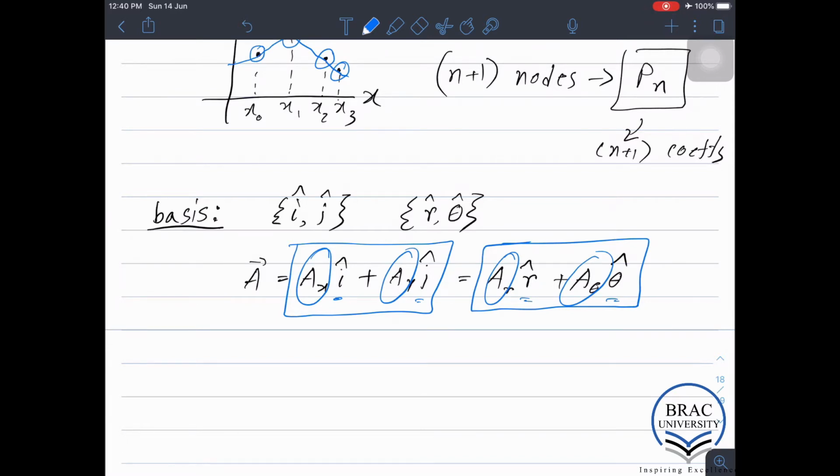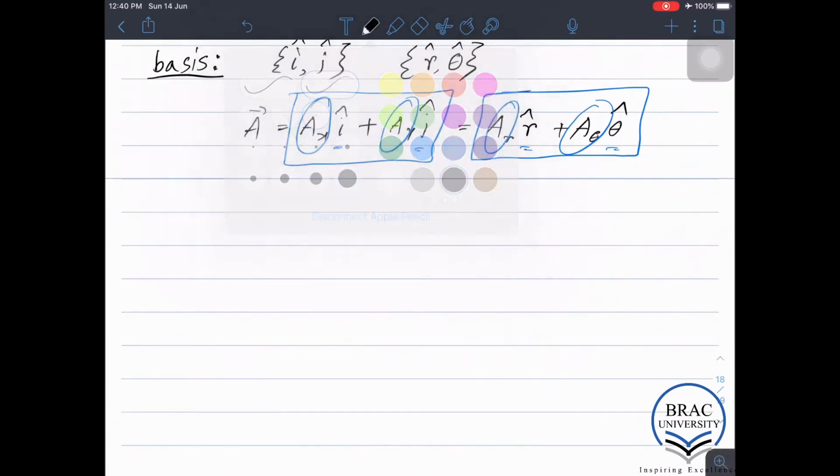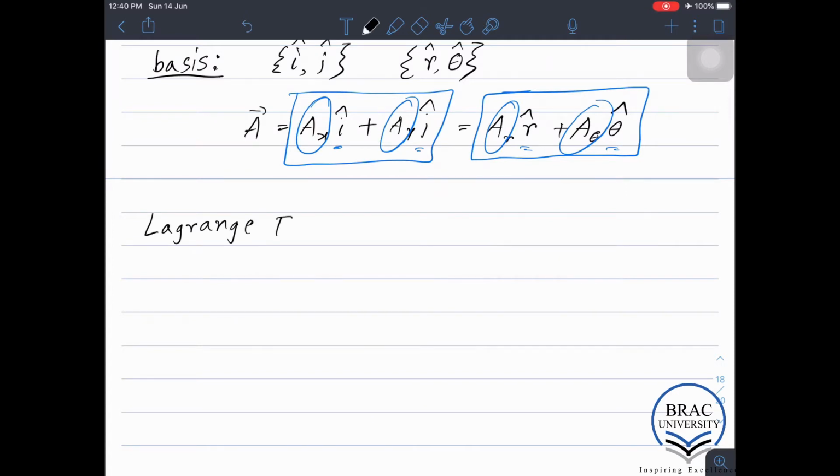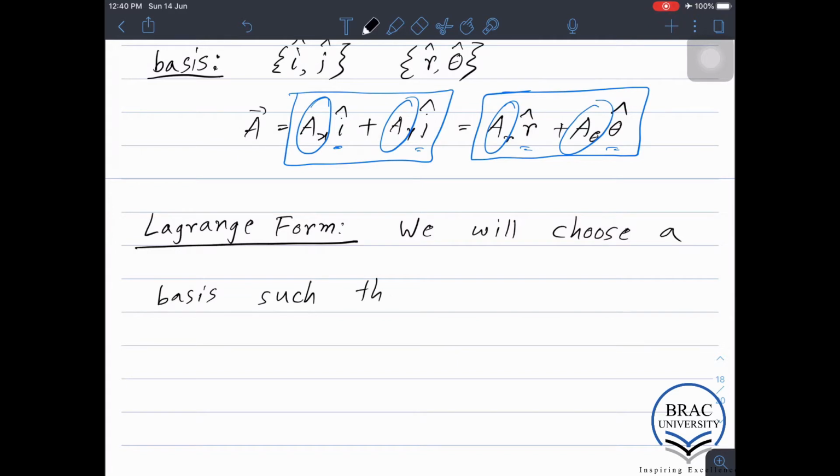Now, what is this Lagrange form? In Lagrange form, we will choose a basis such that the basis elements will be called Lk of x.